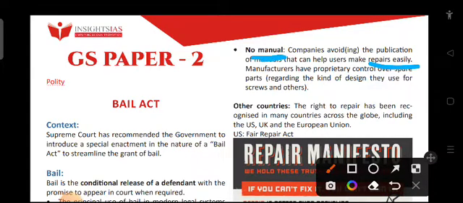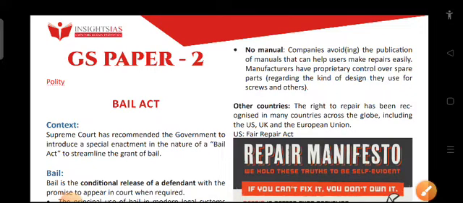So, they are not giving any manuals. Manufacturers have proprietary control over spare parts, like the kind of design they use for screws and others, so that people have to go and get the repair done from that person only, and they are also not giving manuals.